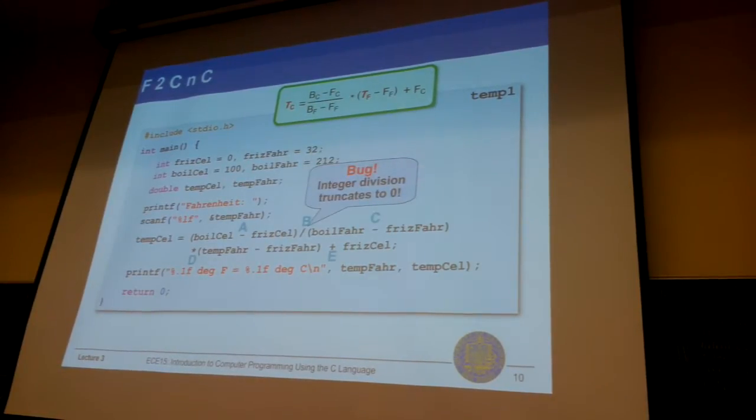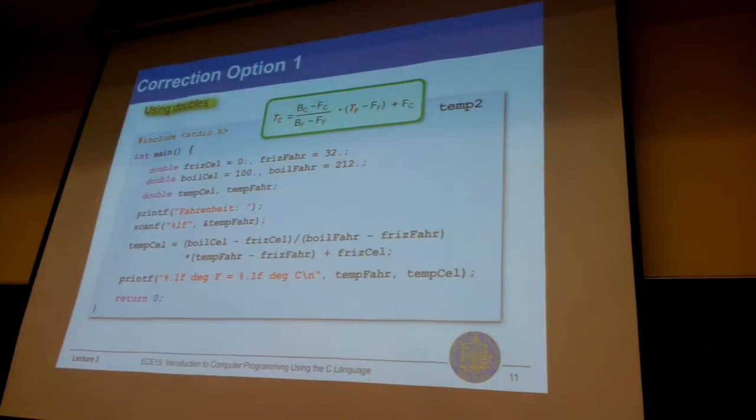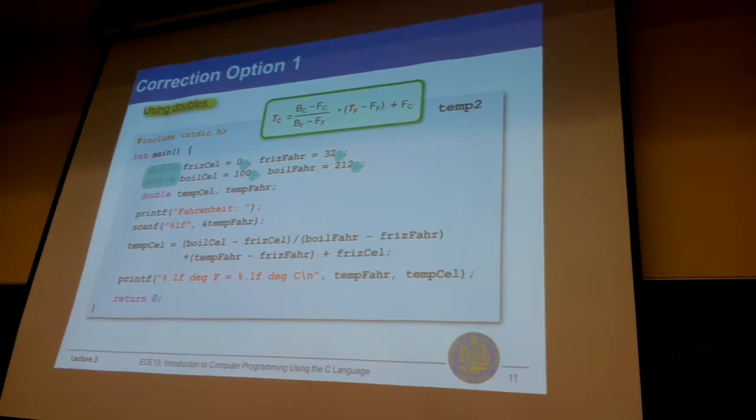So let's look at a couple of ways we could have corrected this problem. So the first option for correction is pretty straightforward. We could have used doubles instead of ints, right? So the key here would be to define all of these values as doubles, and then this operation would go just fine, right?